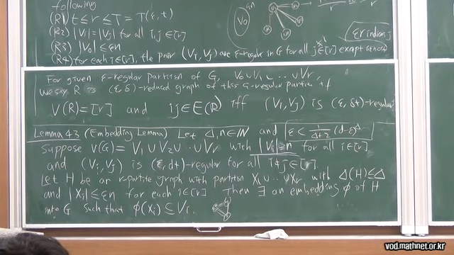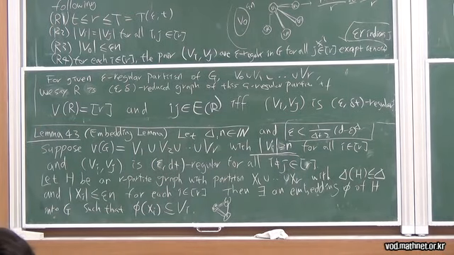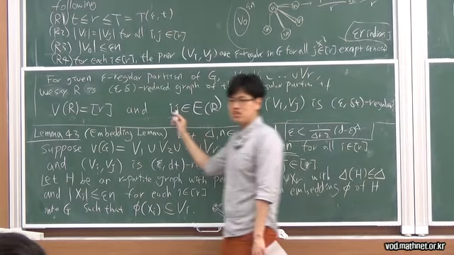When we have G, and we take an epsilon regular partition of G, and then we take this reduced graph, then we can say something about R based on the properties of G. For example, in exercise 4.2, if G has lots of edges, so G has high density, then R should also be very dense.